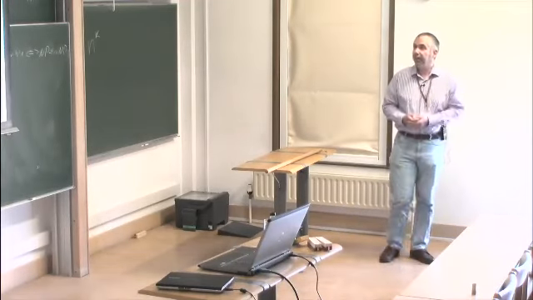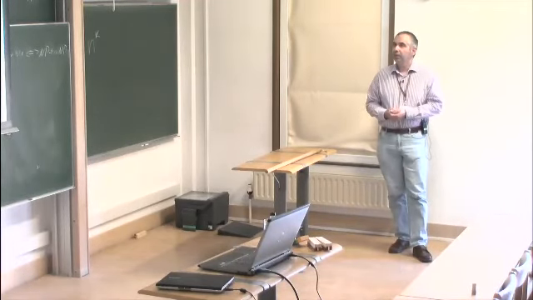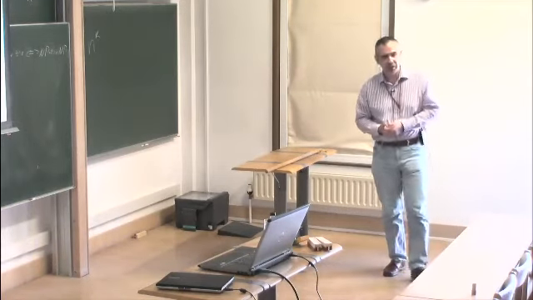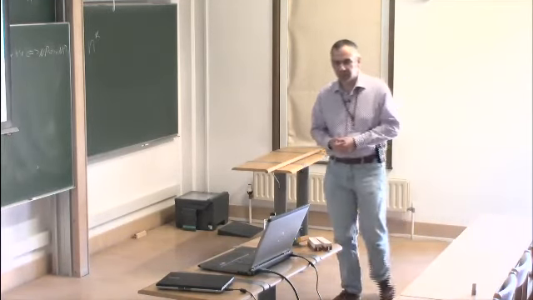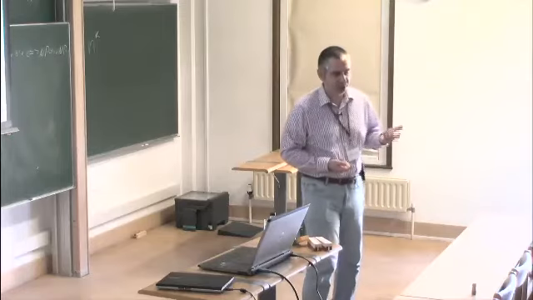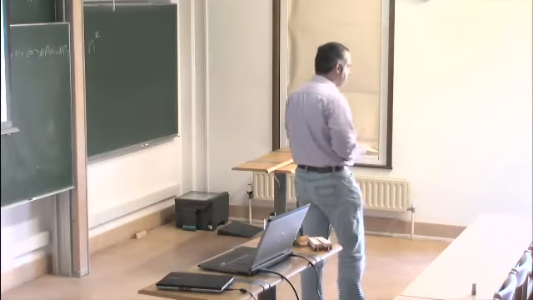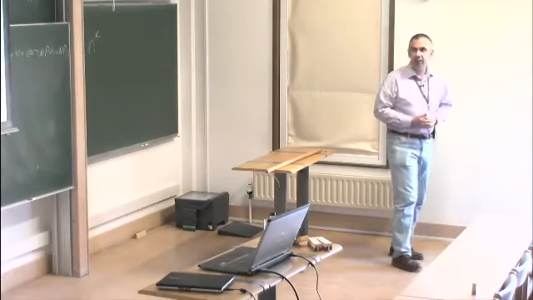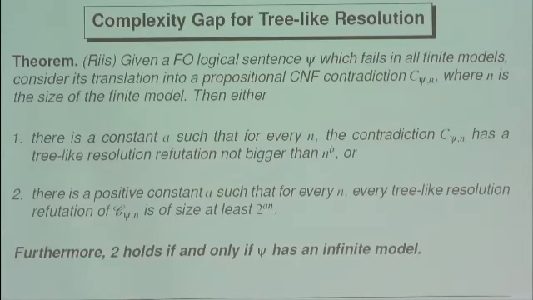What is it? We will only consider propositional contradictions that can be obtained by translating a first-order formula. And if you think about obvious propositional tautologies or contradictions like the pigeonhole principle or the least number principle.